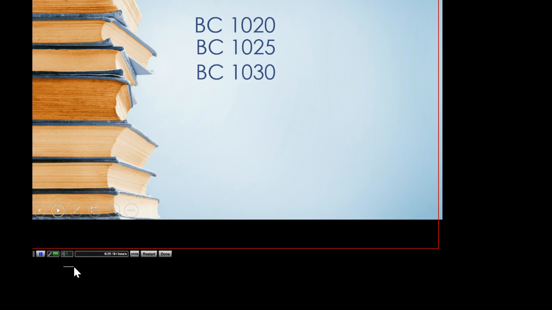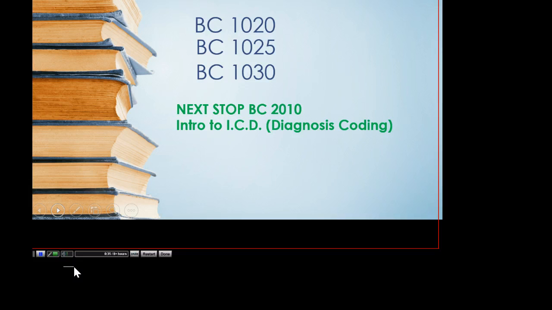Now, as you finish BC 1030 and prepare to move forward to BC 2010, you're going to see how this foundation that you've been building piece by piece, or should I say organ system by organ system, will help you as you learn diagnosis coding.